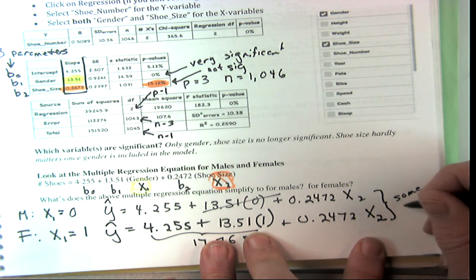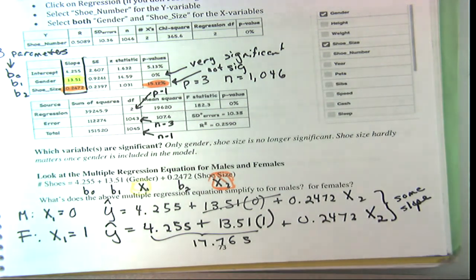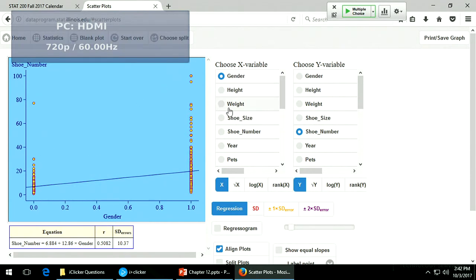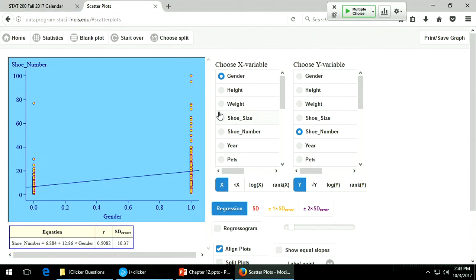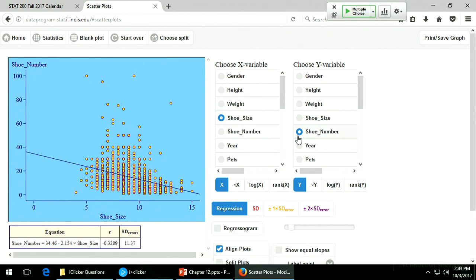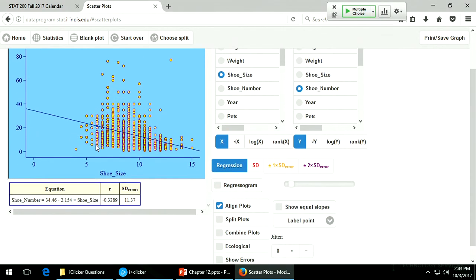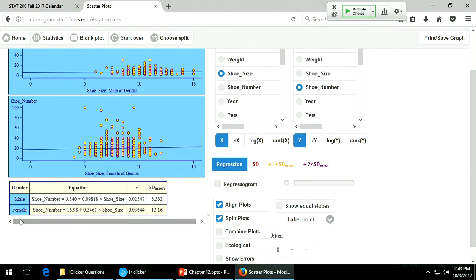Let's see what it really looked like. So let's go back to our data and see what it really looks like here. We're going back to our shoe size, predicting our shoe number, and then we're splitting it. You see how we don't really have exactly the same slope. We don't have 0 for either of them.